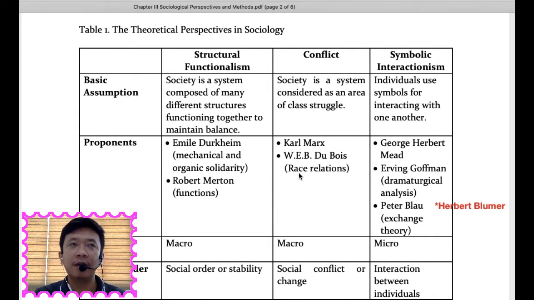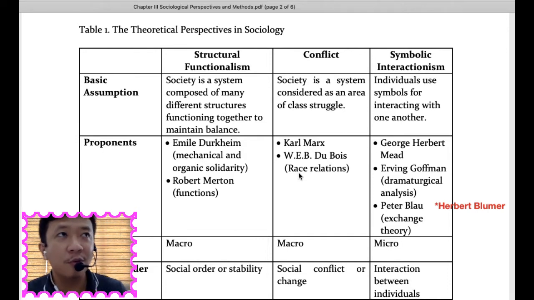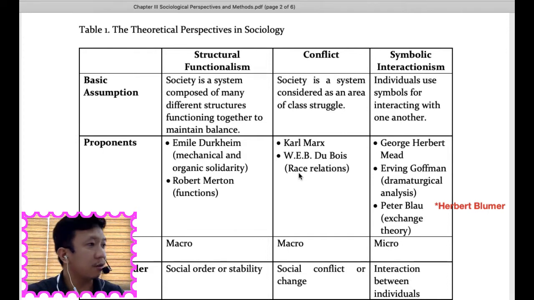Kapag naman symbolic interactionism yung ating pagtingin, tinitignan natin hindi yung individual, okay? Kundi yung mga interaction that the individual engages in and how meanings are created. For example, if you want to understand crime, you don't just want to say that criminals tend to be poor, na ang pumapatay ay yung mga mahihirap dahil, say, gagamitin mo ang conflict, wala silang resources.